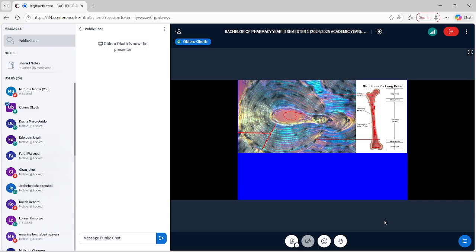Especially for tumors of the bone, the location is very important. If I see a tumor around here in a child, then I'm most likely to say that's osteosarcoma, than if I see it around that region. So this description actually matters, and we'll see it as we go along. We'll be repeating it again and again.